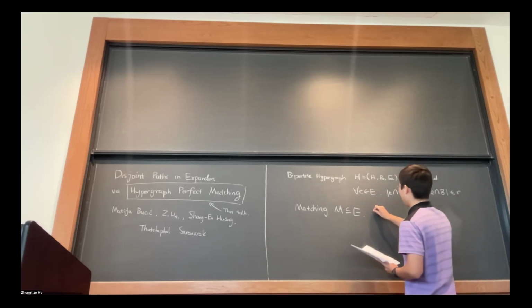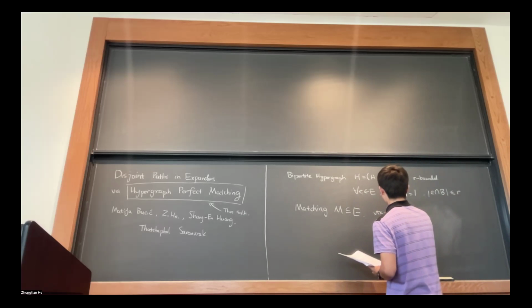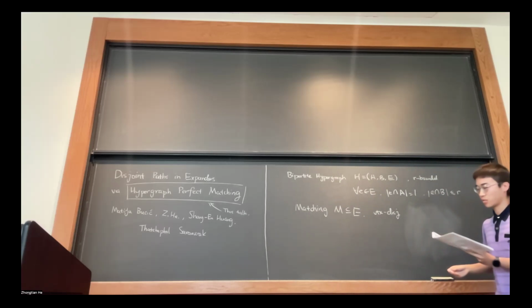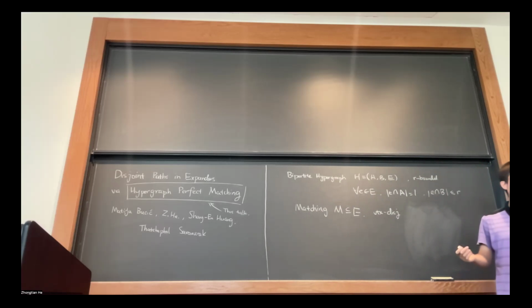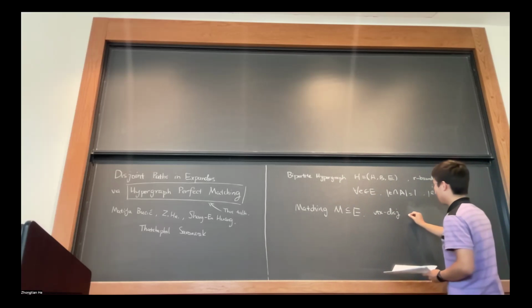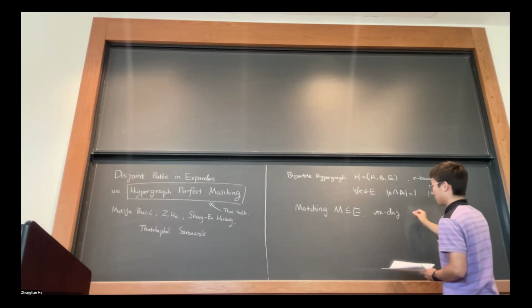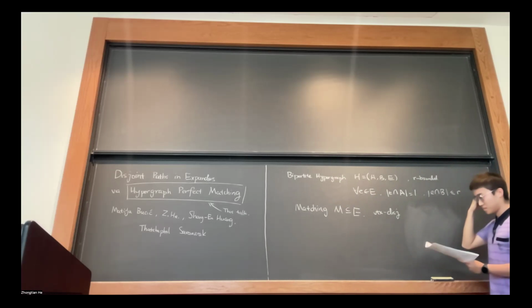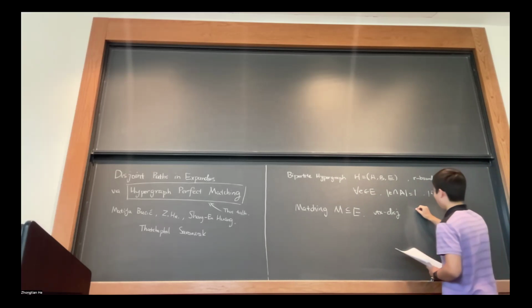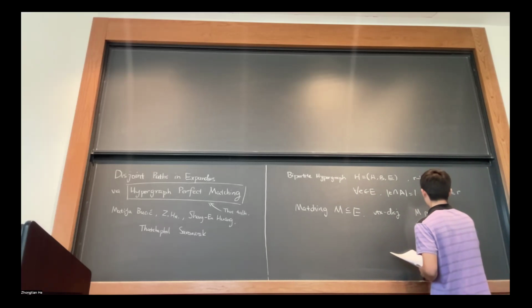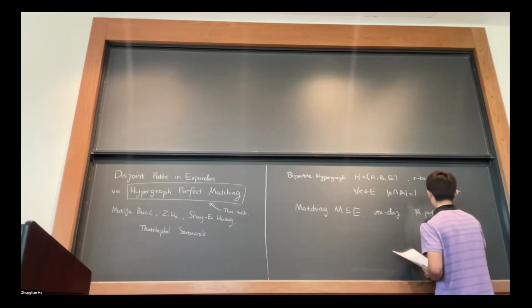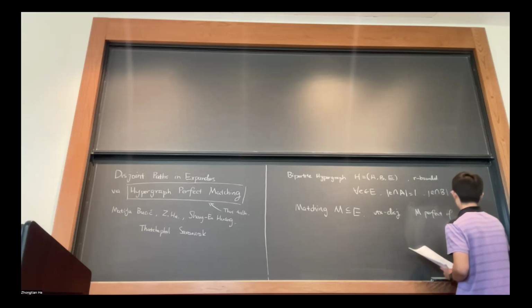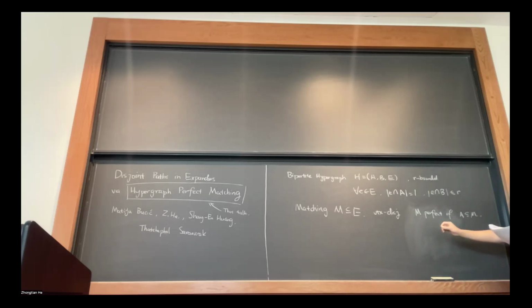Yeah, they are vertex disjoint. And we say M is perfect if it contains every vertex from the left-hand side.